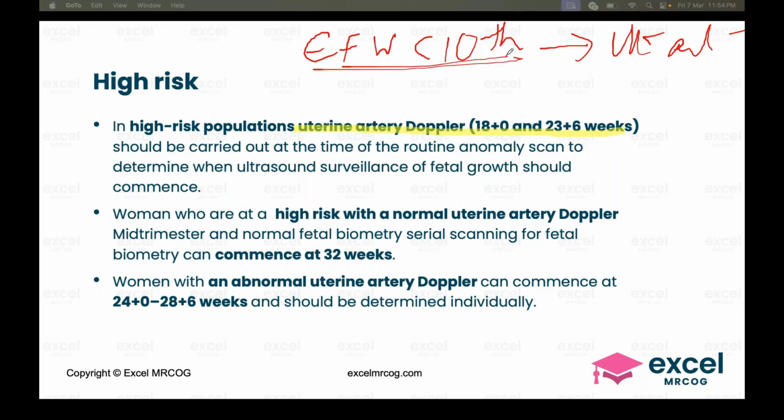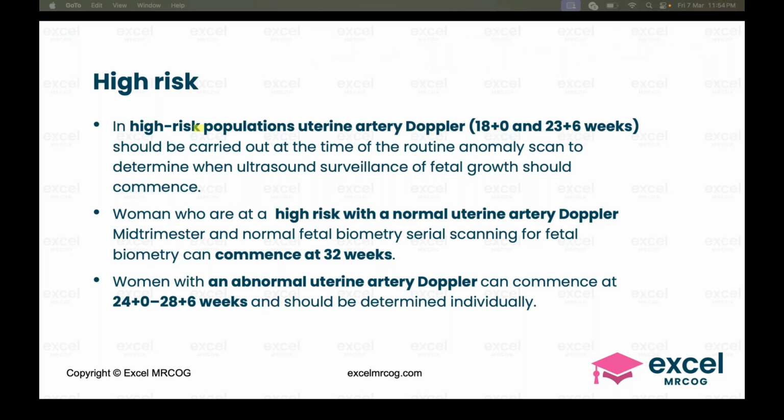Now what we are saying here is different. When there are high risk factors, you scan those women at 18 to 23 weeks, 6 days with uterine artery Doppler. Women at high risk with a normal Doppler of the uterine artery would be treated like moderate. What were we doing for moderate? We were scanning them at 32 weeks and then 4 weekly.